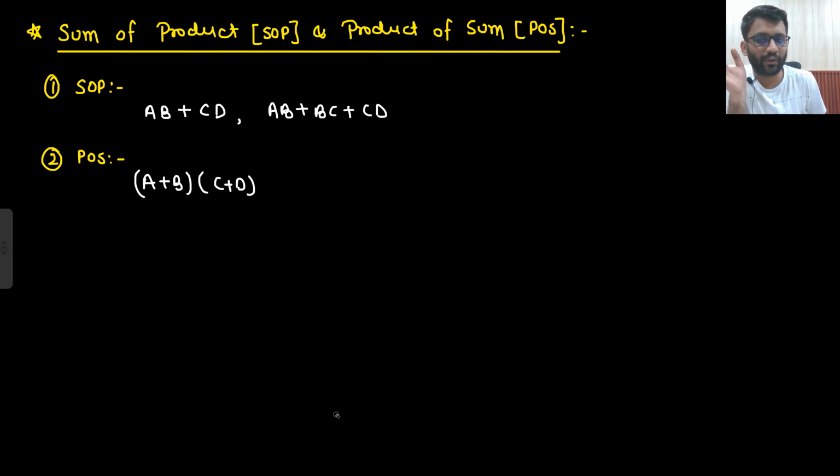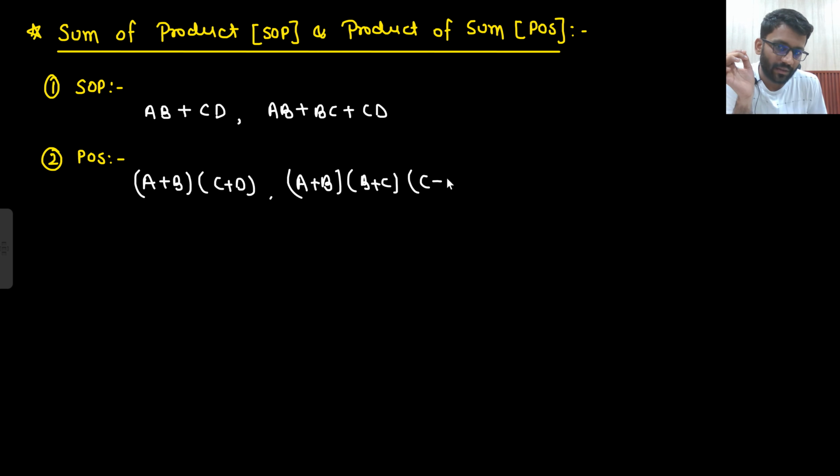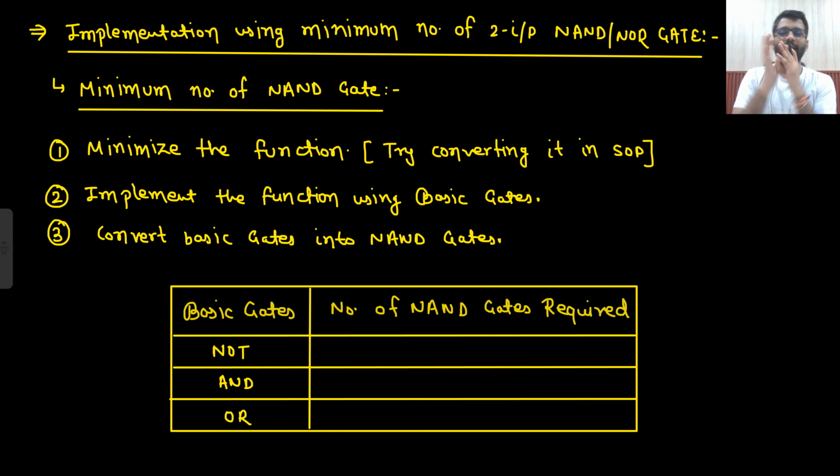You are doing the product of sum terms. These are the sum terms, or it can be replaced with A into B plus B into C plus C into D. So this is known as product of sum. Very easy thing. Sum of product. Product of sum. Product means multiplication.